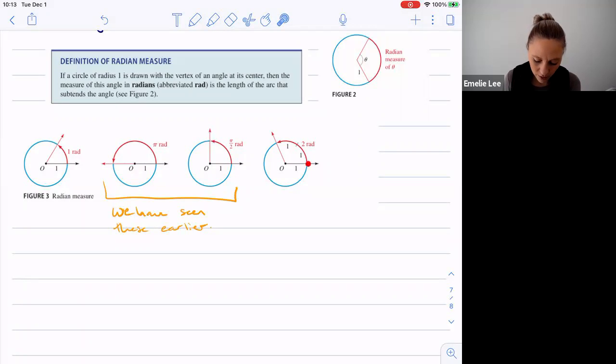So if we want to go 2 radians, so no pi's involved, actually makes it harder. We go a little bit further. 1 radian here. A full distance around would be 2 pi radians, because that's the whole distance around the circle. So we know a lot of these radians already, especially those cutoff points, pi over 6, pi over 4, pi over 3, pi over 2. We know all those.